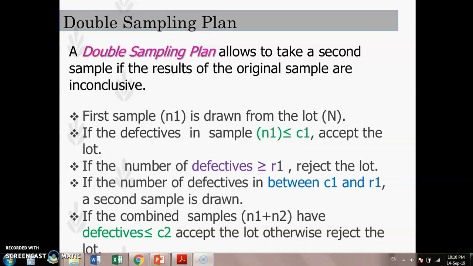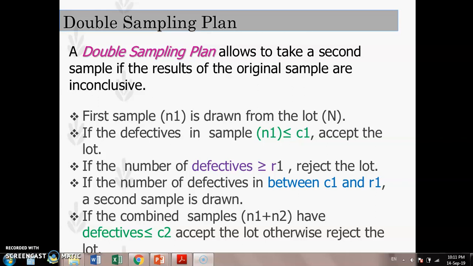Next, a double sampling plan is allowed to take a second sample if the result of the original sample, that means the single sample plan, is inconclusive. For example, first sample N1 from the lot N. If the defects from the sample are less than C, accept the lot.